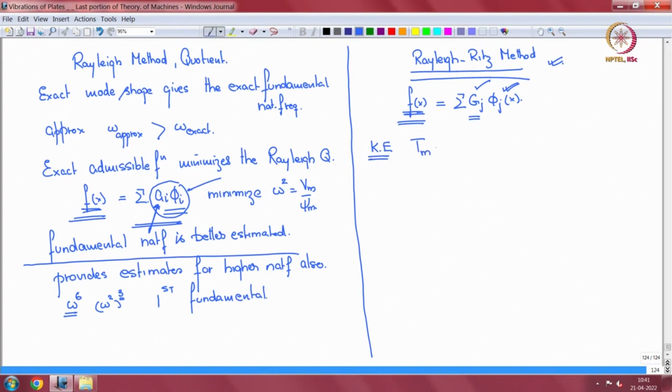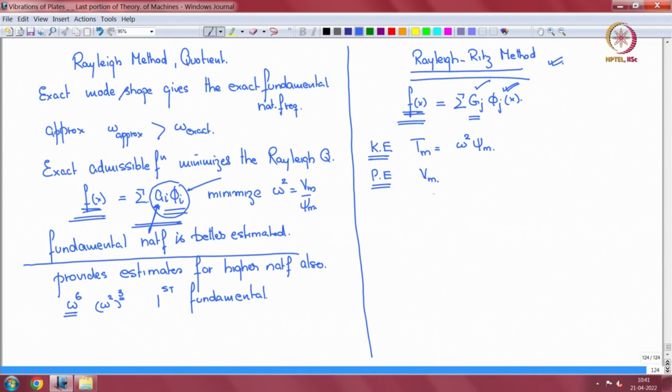Now the kinetic energy max turns out to be omega square times psi m, the kinetic energy function. Then the potential energy turns out to be V max, whatever it may be for the particular system.